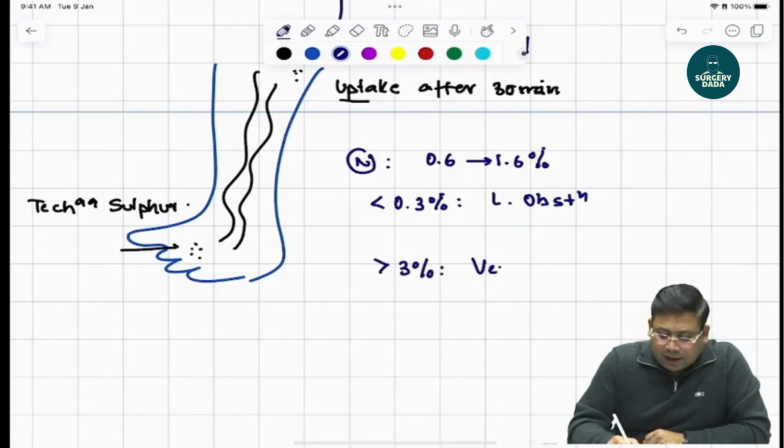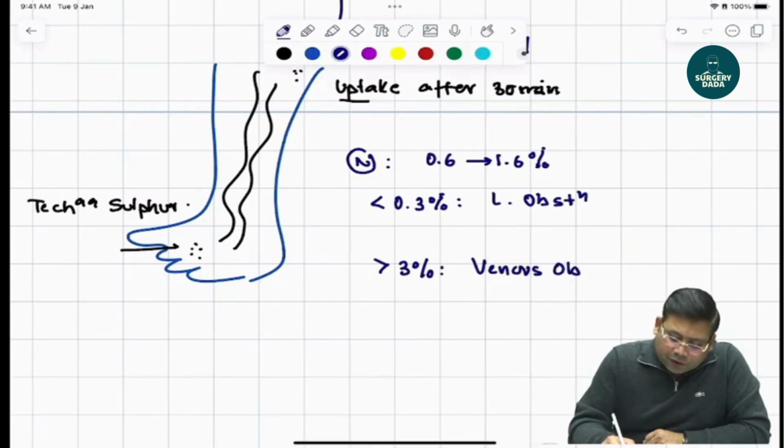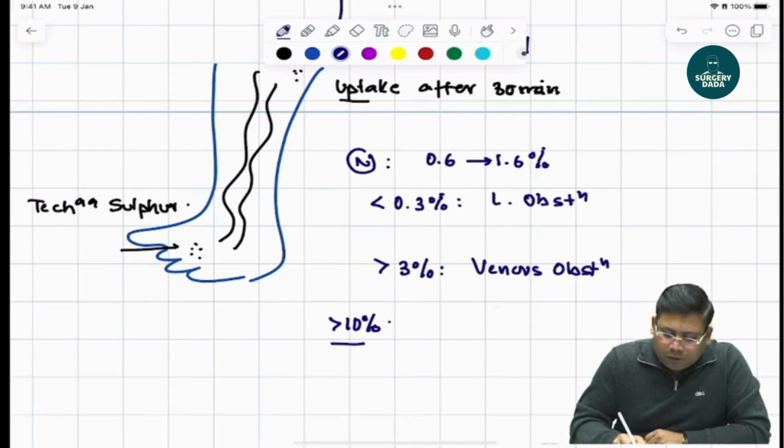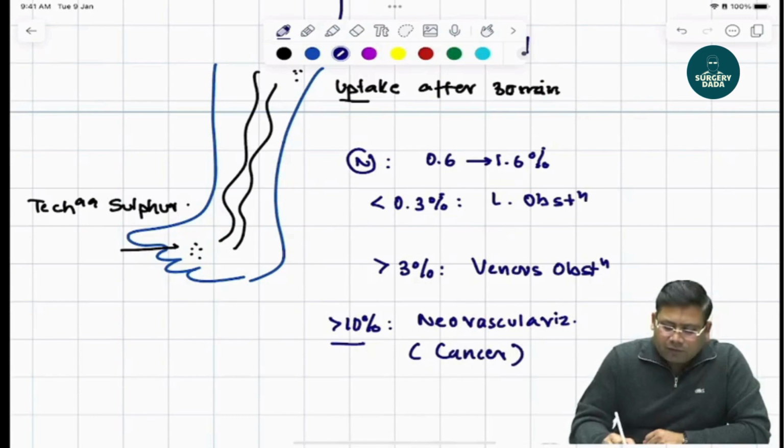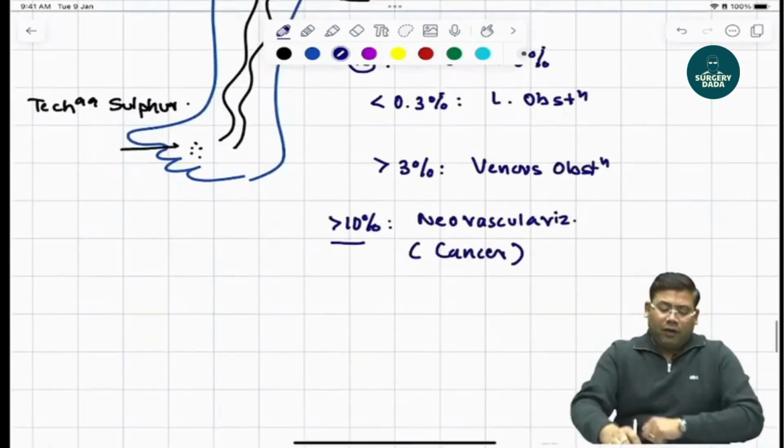This is indicative of what? Venous obstruction. And remember, uptake more than 10% is possible only when you have neovascularization, and that is why this is indicative of what? Malignancy. So in all the cases of cancer or malignancy, you will have this. This is very important.